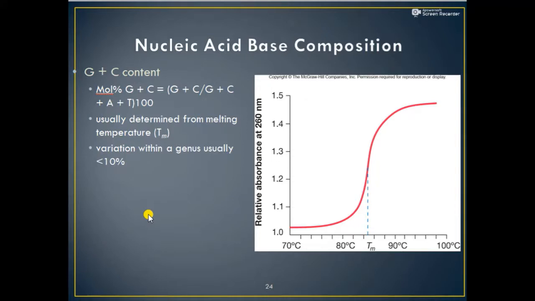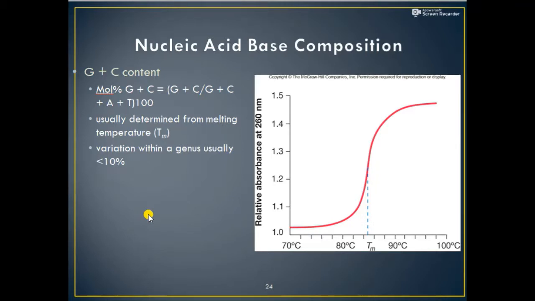The percentage of G plus C is equal to the amount of G plus C in the bacteria or the organism divided by the whole number of bases, that is G plus C plus A plus T, times 100. That is the percentage of G plus C. If the variation of the G plus C content is less than 10 percent, then we can consider them as a particular genus.